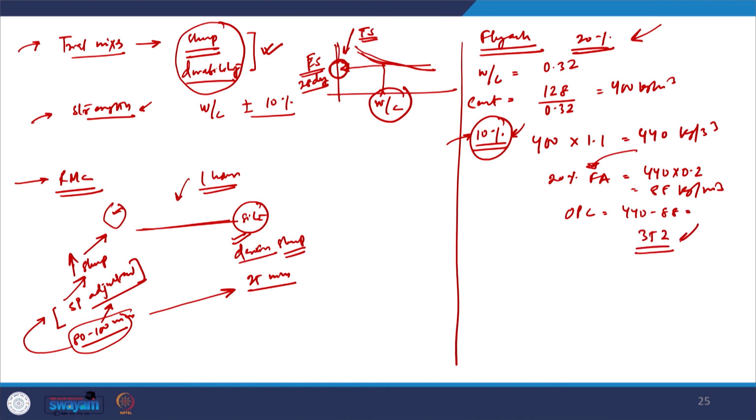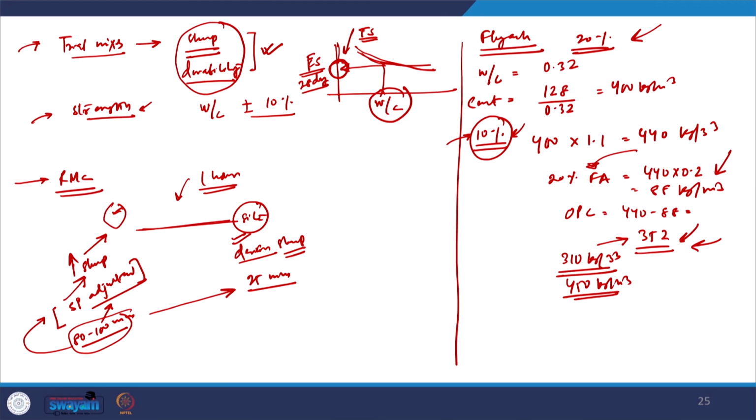Here also we have to exercise those checks which we have discussed. For example, you have to ensure that this is more than 310 kgs per meter cube. So, this is fine, and this should be less than 450 kgs per meter cube. So, this is also fine. So, we can select this amount of OPC here.